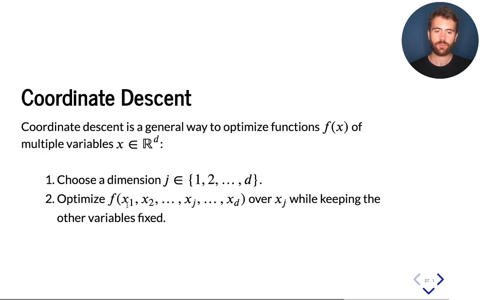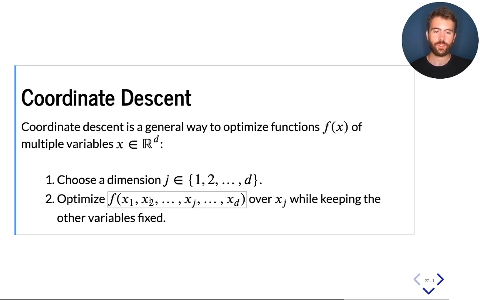So here f is a function of many different variables, but one of them is xj, and we're going to fix x2, x1, all the other variables to some value, and we're going to find the minimum x. Then at the next step, we're going to choose another dimension. We will optimize only over that dimension, and then we will keep doing this until this function is minimized.